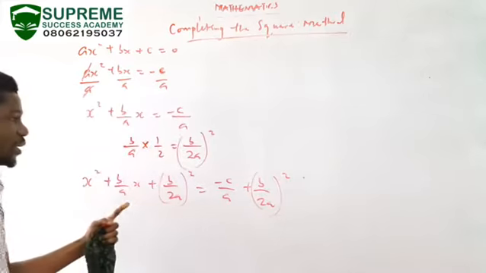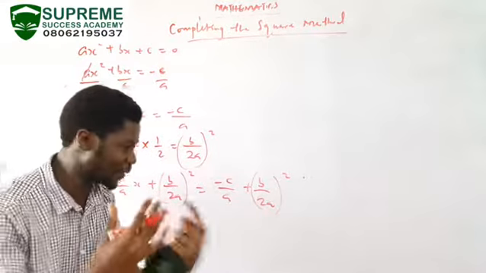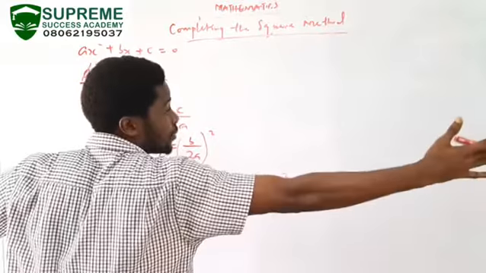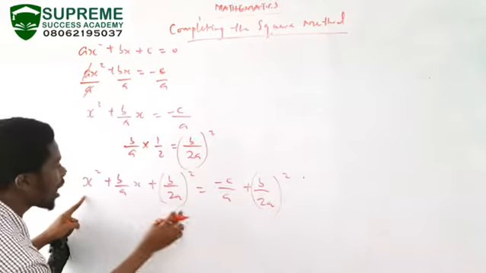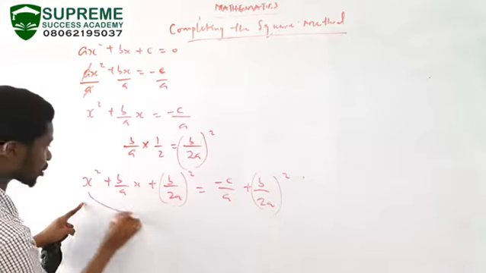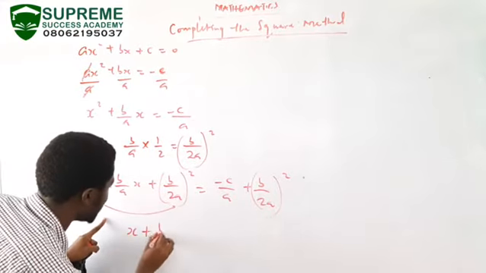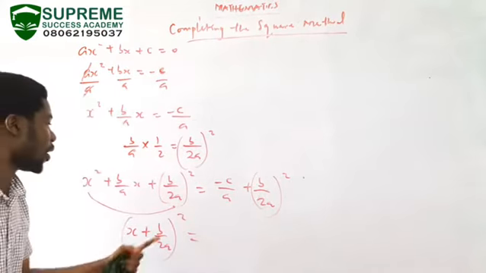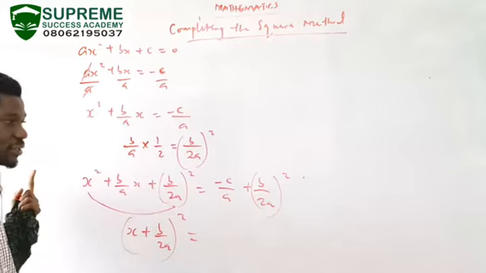Can you see? In mathematics also we apply real life principle. Whatever you do to the left, you must do to the what? In order to obtain balance. So this is where the name comes from. Complete the square of this. So let us marry this one. What do you have? You have x plus b over 2a all raised by 2. Just for your own personal practice, go and expand this. You must add this.